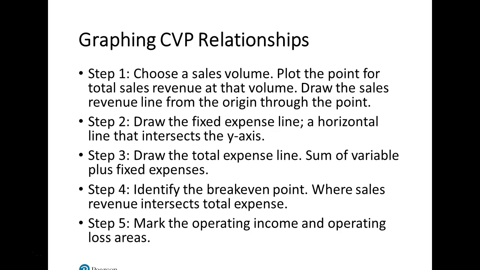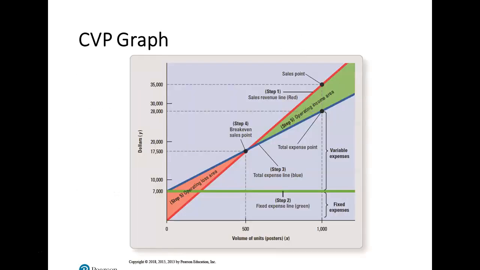Draw a line on your fixed expense line. Again, we want to see relationships, and I want to see this in a graph. I think explaining in a graph is a little bit better. As you can see here, it shows 500 units as the break-even point and $17,500 as the revenue at the break-even point. I like this graph because you can see so much more than using words. We already know our break-even point in dollars and in units.